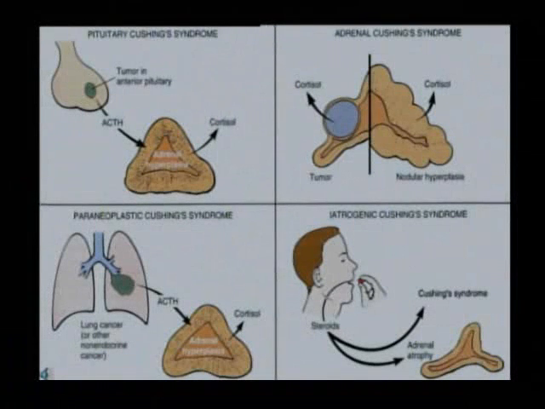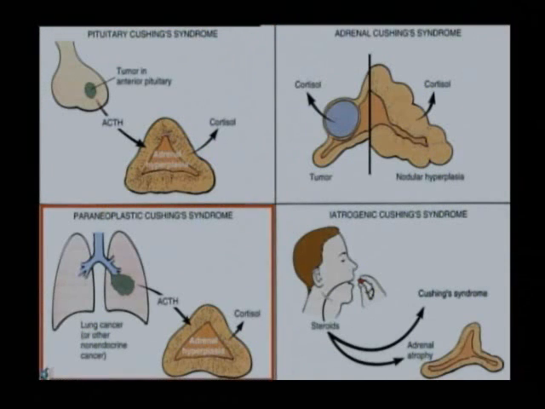Once the symptoms of hypercortisolism have been established, the disease etiology must be identified. To do this, several facts must be considered. Various causes of hypercortisolism are shown here in diagrammatic form. Possible causes include pituitary Cushing syndrome, i.e. Cushing's disease, usually resulting from an ACTH-producing adenoma of the anterior pituitary gland.